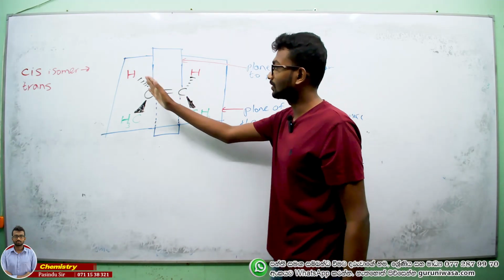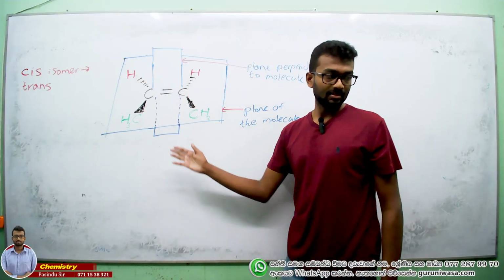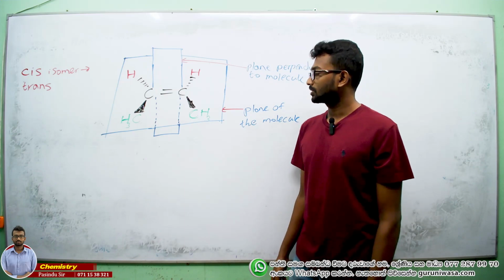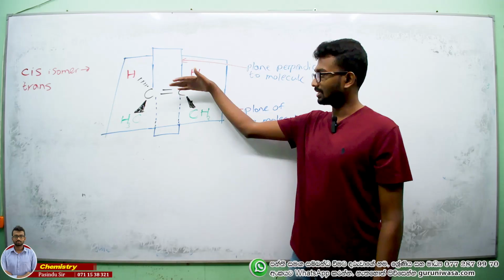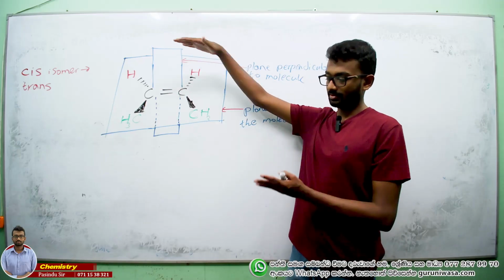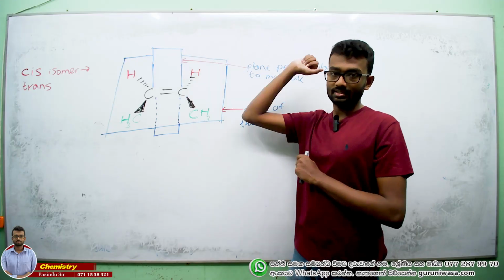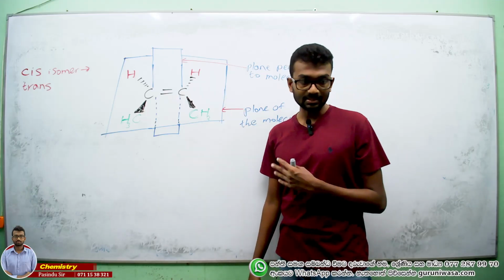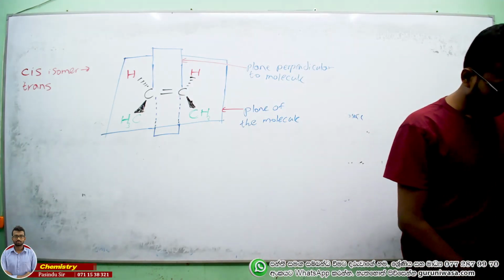In that case those are opposite, right? Opposite groups. This is the way. මේකේ මේ plane එකෙන් same groups in same side, right? එකම side එක. මේ වගේ arrangement එකකට අපි කියනවා cis arrangement එකක් කියලා, right?